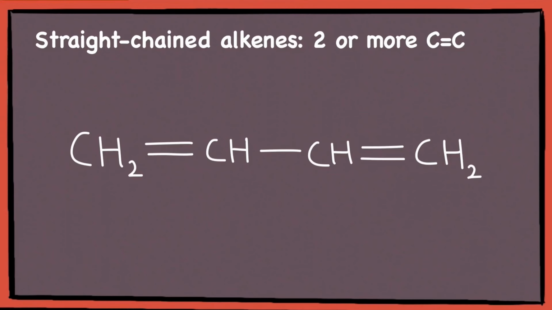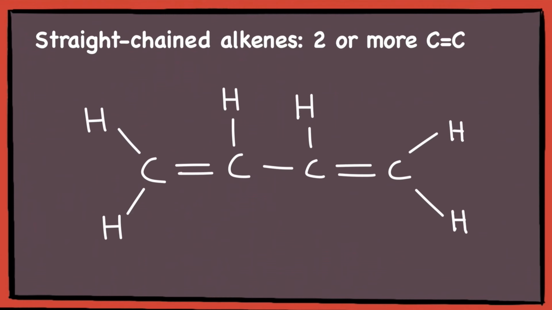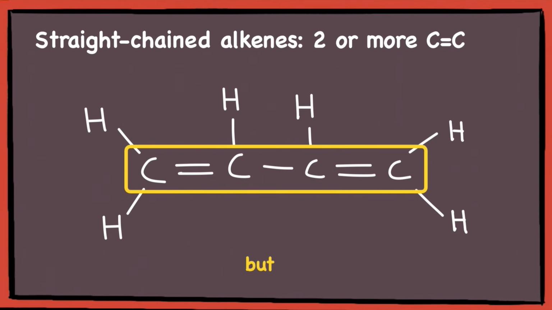But what if there are 2 or more C=C double bonds present within the same organic compound, like this one? Before I explain, I'm gonna draw out the full structural formula so that we can examine the molecule with greater detail. In this case, same thing, step 1, we find out the number of carbon atoms in the parent chain, which is 4 carbon atoms.